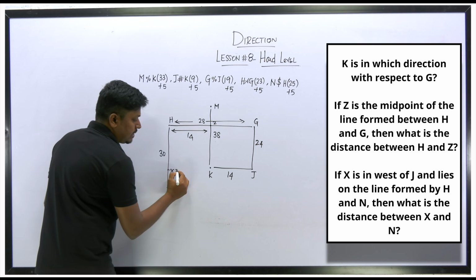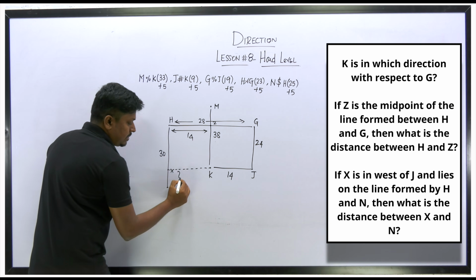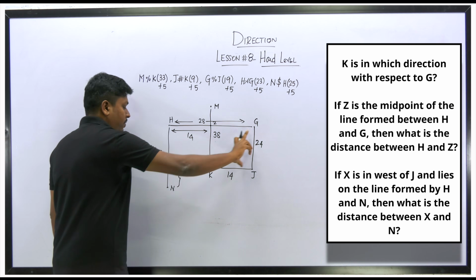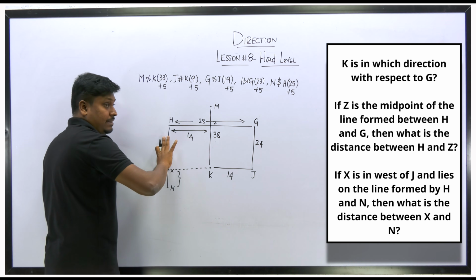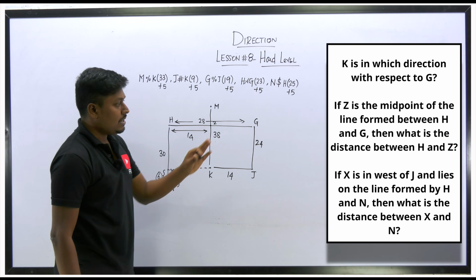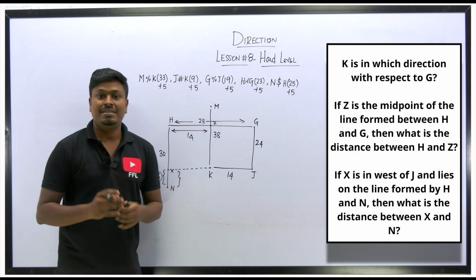We need to find this total distance. Just listen here, we know that this total distance is 24 and this total distance is 30. So definitely this distance will be 6 meter. So the answer for the third question will be 6 meter.